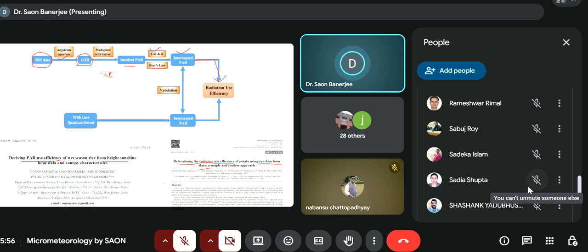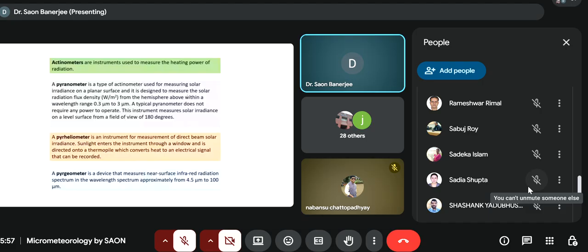For example, in your university, you don't have the line quantum sensor, but you want this type of work. You want to know the radiation use efficiency. So through that method, you can use it. And due to time constraints, if there is any doubt, you just mail. I will explain, no problem.